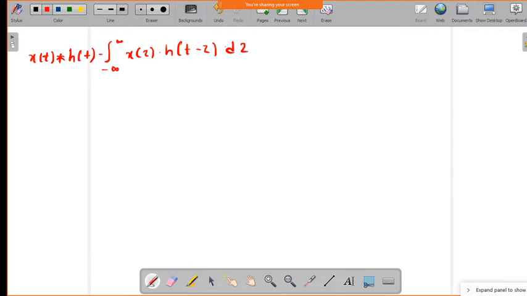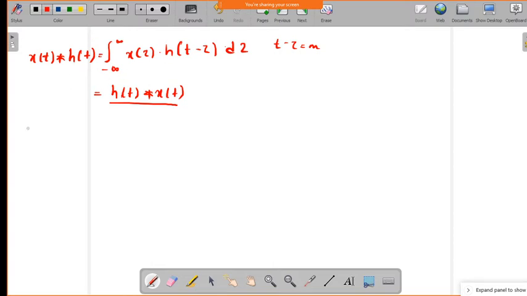If you change t minus tau to some other variable and exchange, similar to the discrete time case, you will get h of t convolution x of t. So it is commutative in the continuous time case also. This is about the commutative property.